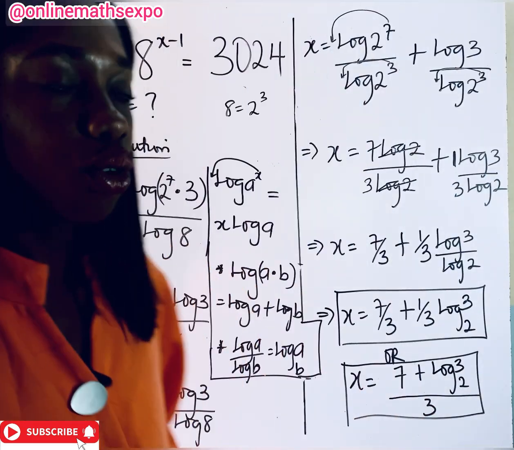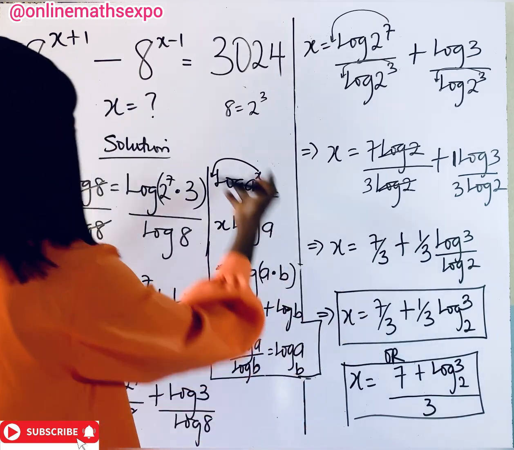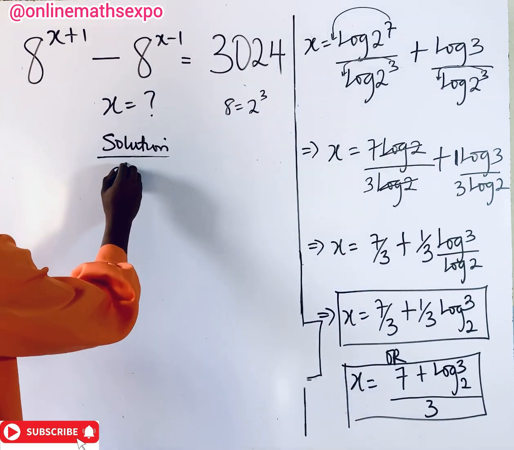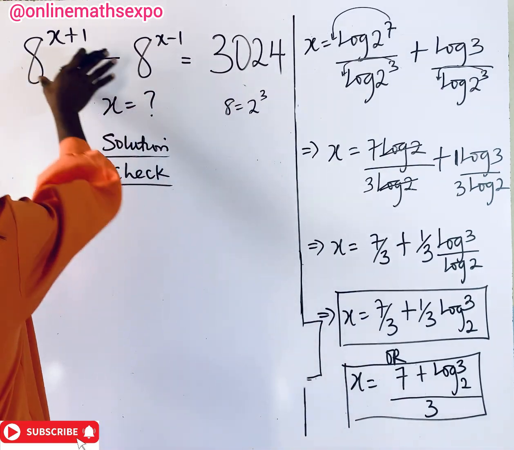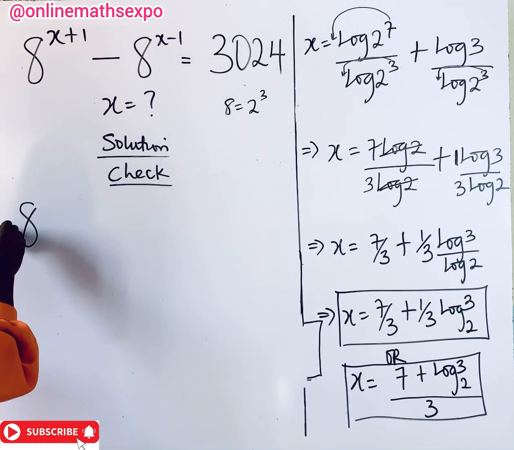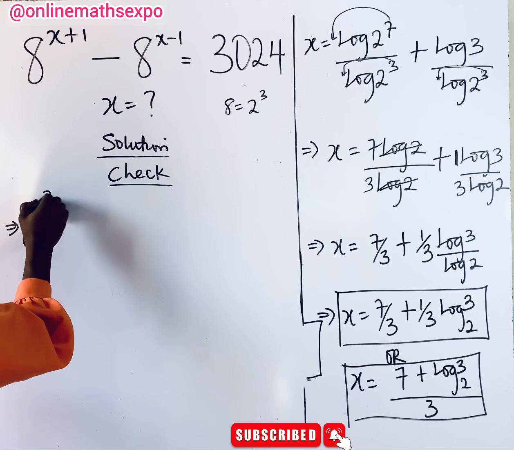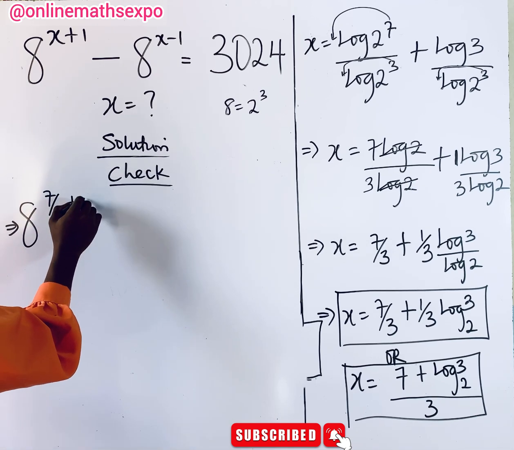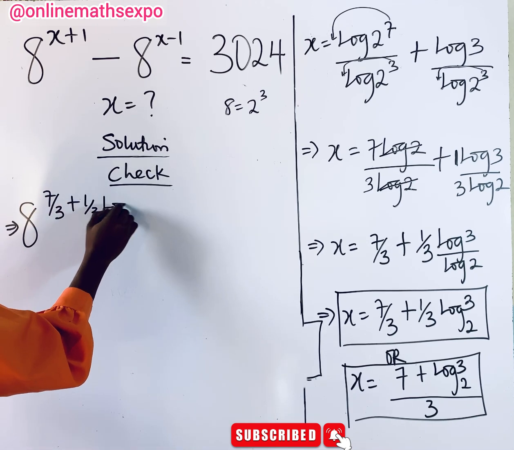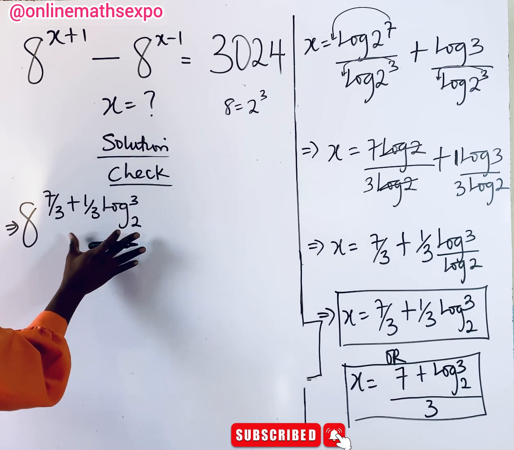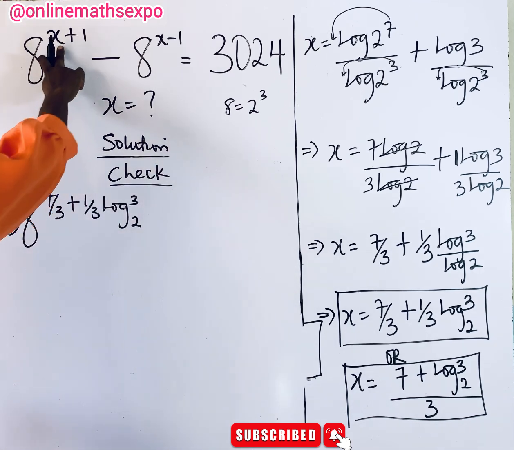Now let's check to know if actually our answer is correct. So let's check. So bring this down, we have a to the power of your x. Let's use this value of x, okay? So we have 7 over 3 plus 1 over 3 log 3 base 2. These are all representing x.